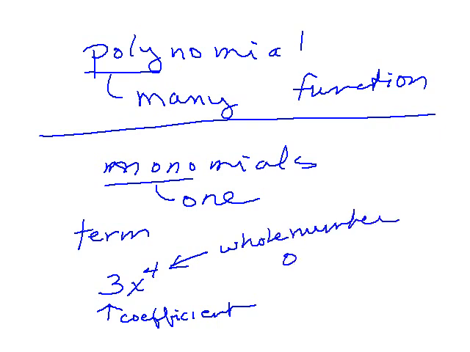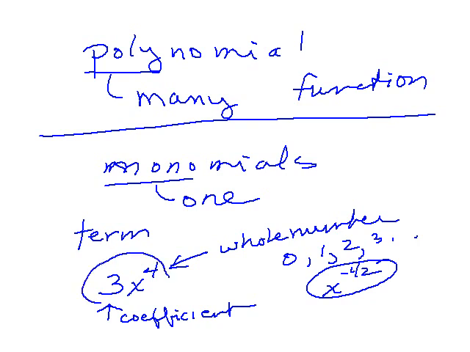Recall that whole numbers are 0, 1, 2, 3, etc. So you can't have, for example, x to the minus 1/2. That does not constitute a monomial for two reasons. First, the power is negative, and second, it's a fraction. It's not a whole number. So this constitutes a monomial.